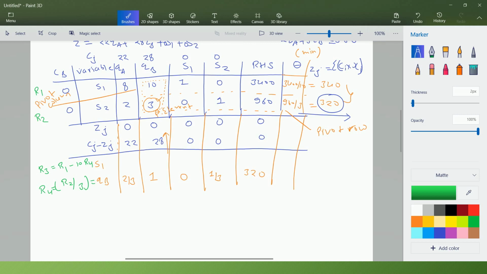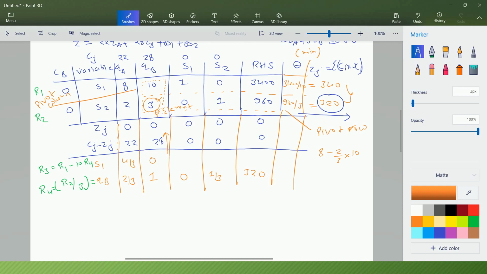So 8 multiplied by 2 by 3 multiplied by 10. This 10, so I will get 20 by 3. This will be 24 minus 20 by 3, so I will get 4 by 3. And here I will get 10 minus 10 equal to 0.